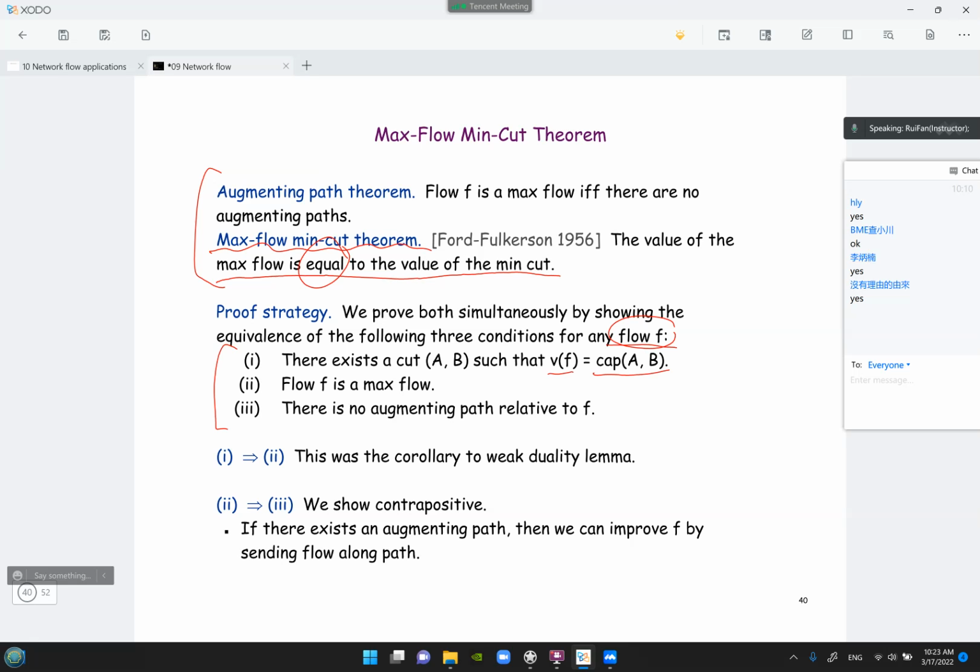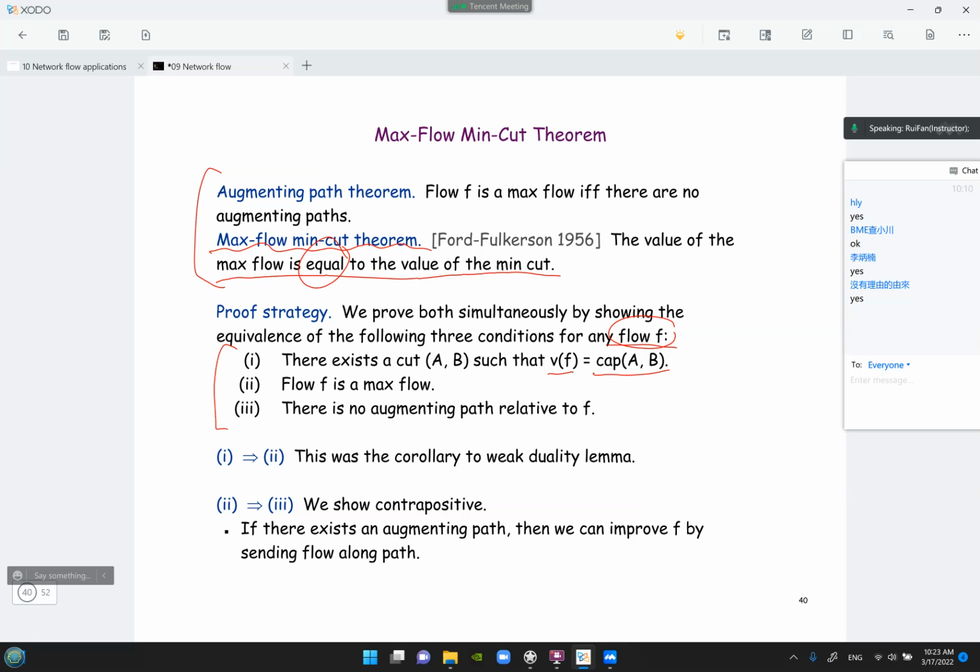The second statement is that F is a maximum flow. The third statement is that you cannot find any augmenting path in the residual graph for F.